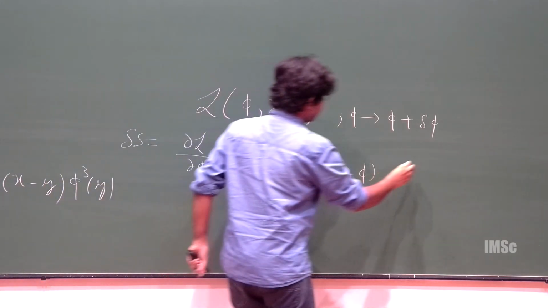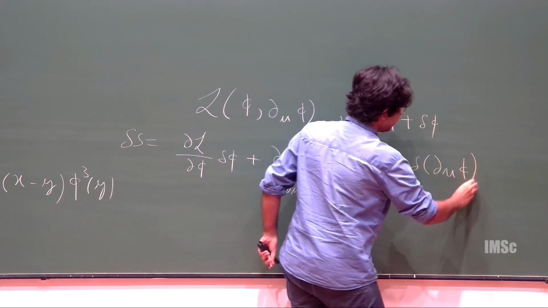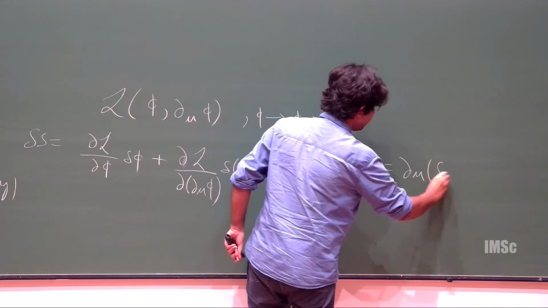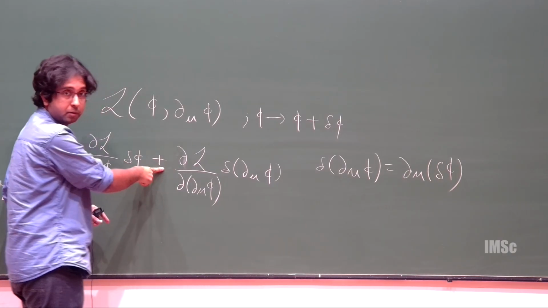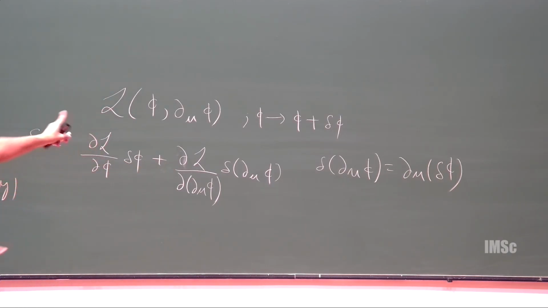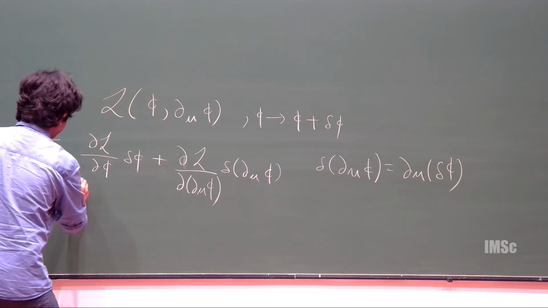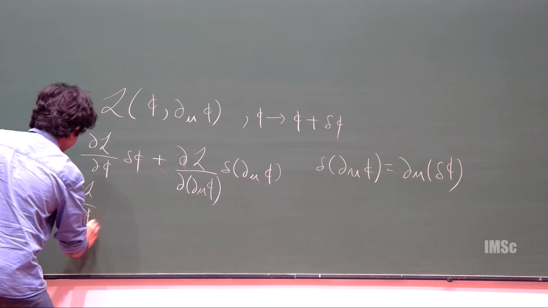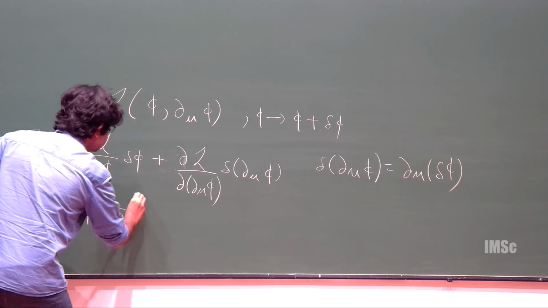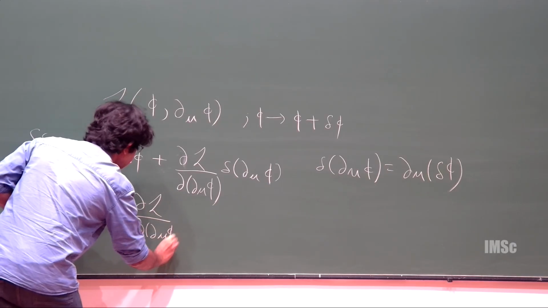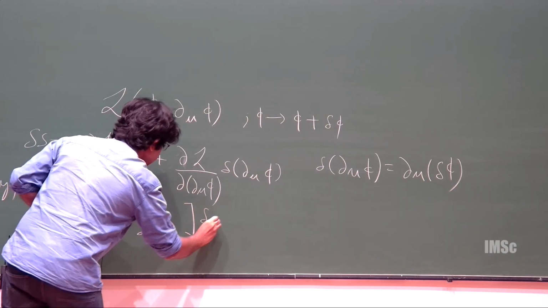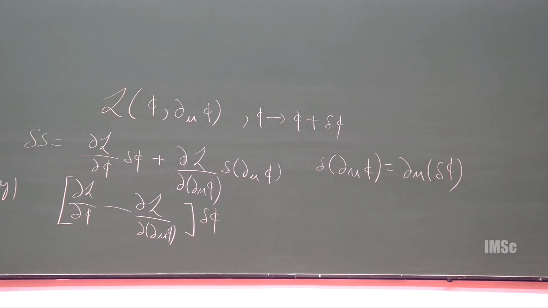We can write delta of del mu phi as del mu of delta phi, and here we can do an integration by parts of this term. We get a boundary term and then the other term. So, basically we finally get something like this, which will be equal to 0, and so for an arbitrary delta phi this whole term would be 0.